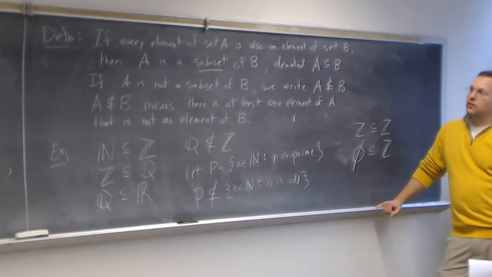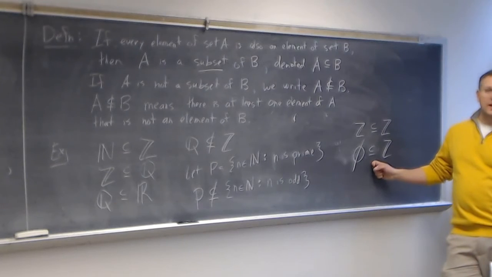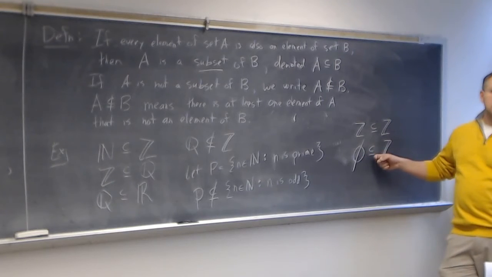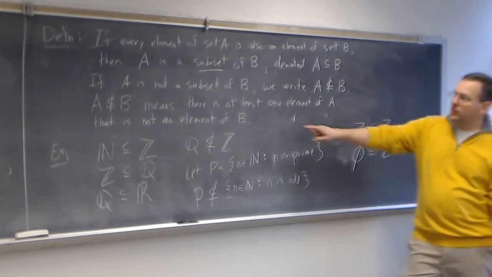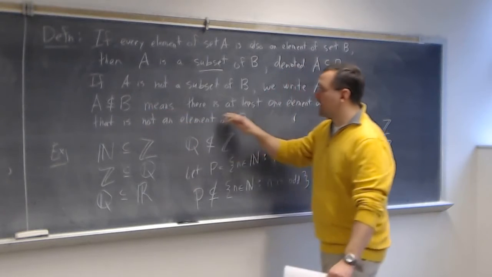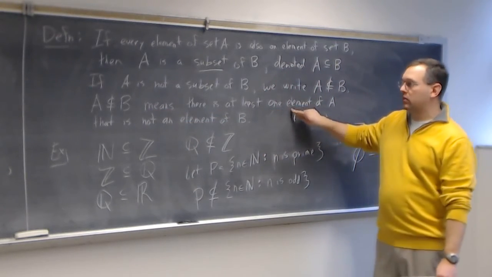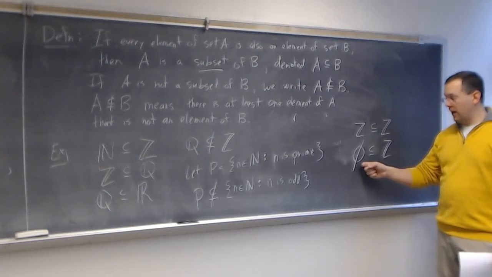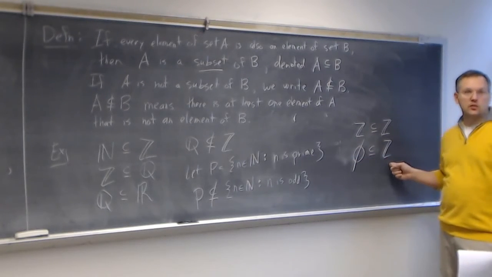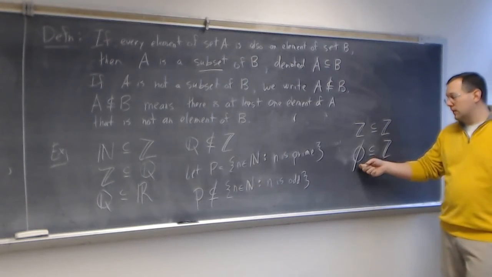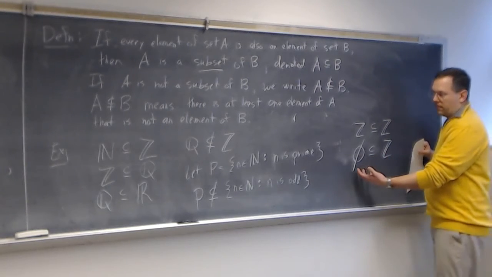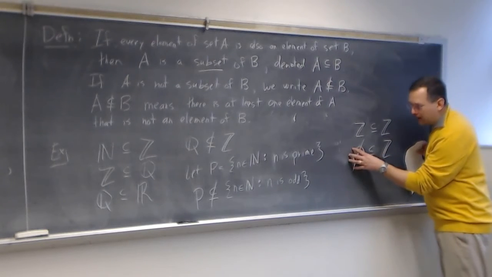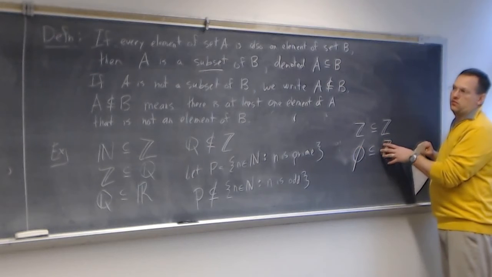So, what does it mean? If you say it's not true, what you would say is that the empty set is not a subset of the integers. What does it mean to not be a subset? That means you have to find at least one element of this set that's not an integer. Can you find an element of the empty set that's not an integer? No. By default, this has to be a subset because there's no elements to mess it up. There's nothing in here, so you can't find an element in here that's not in the other set.